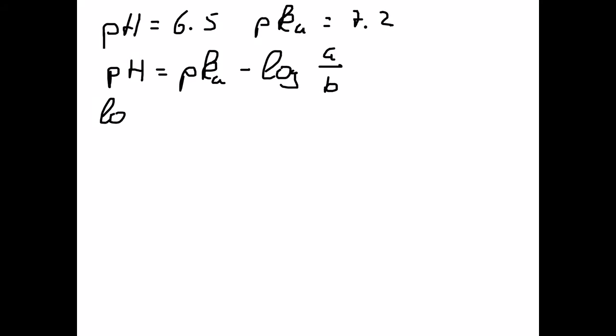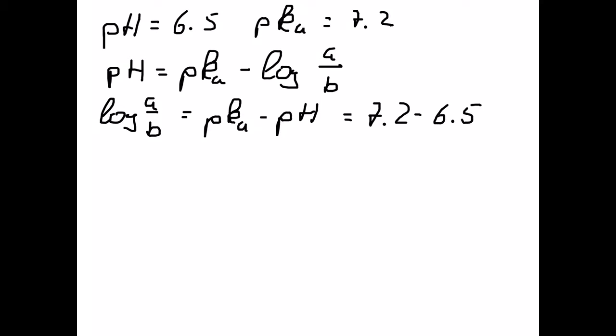We get log acid over base equals pKa minus pH, and that is 7.2 minus 6.5, and of course that is 0.7.